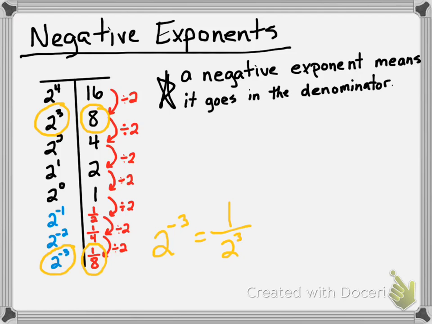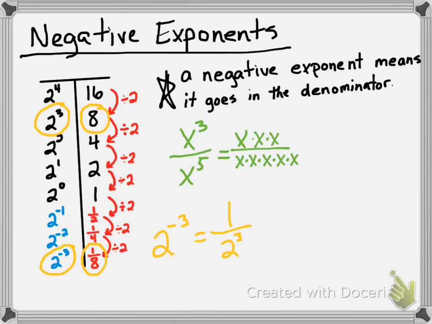Now, another way that we can prove that is using our division rules that we learned yesterday, dividing exponents. If we have x to the third divided by x to the fifth, then we can look at what's happening here, and that gives me x times x times x divided by x times x times x times x times x.